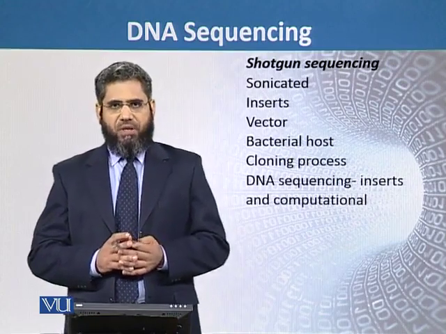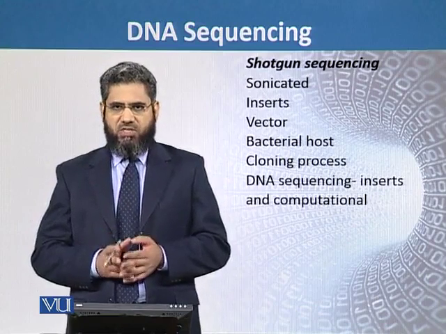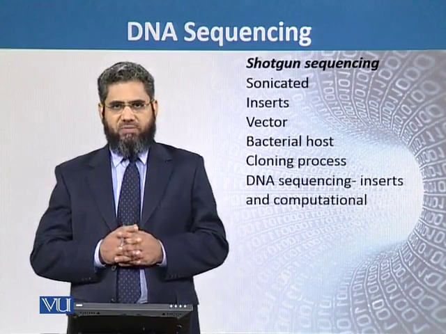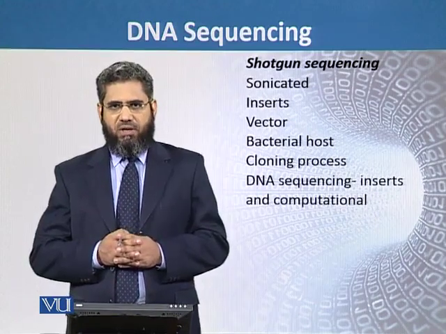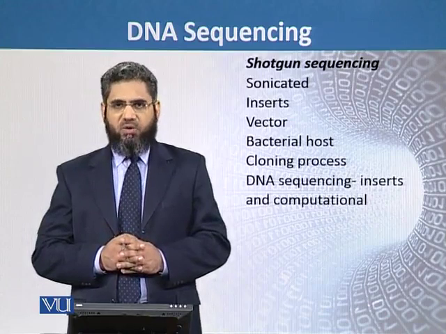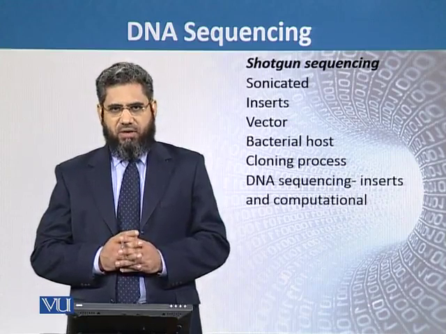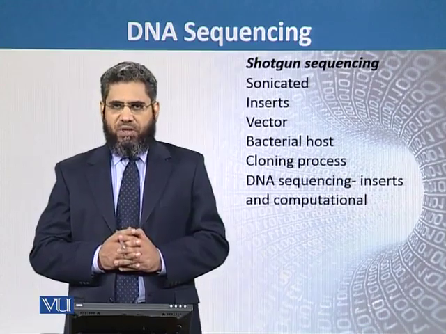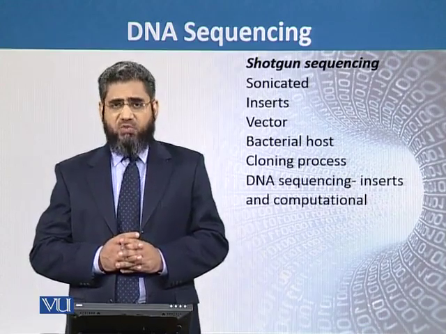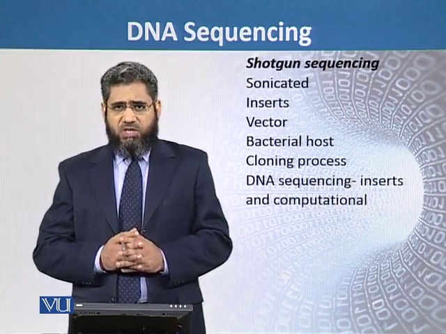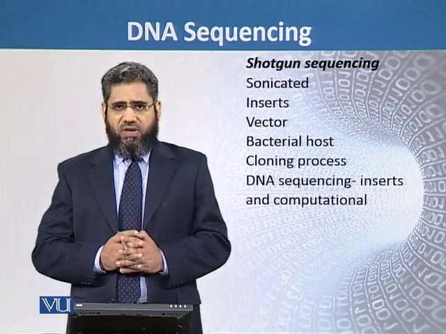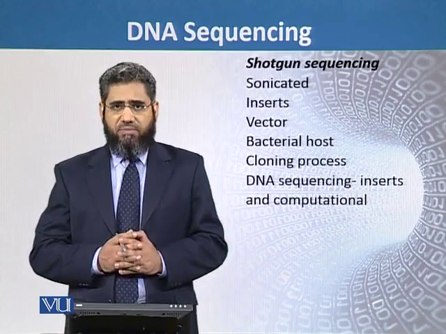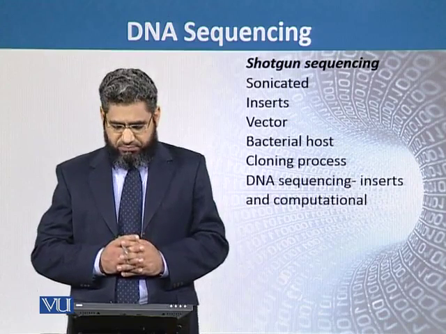When the bacterial hosts are grown, having these transformed plasmids, and in the plasmid there is a small fragment of DNA that is to be sequenced, then these bacterial hosts grow, and in every single bacterial host, the plasmid will also replicate. In this way, the plasmid is replicated, and we can get billions of copies of the plasmid that can be extracted from the bacteria.